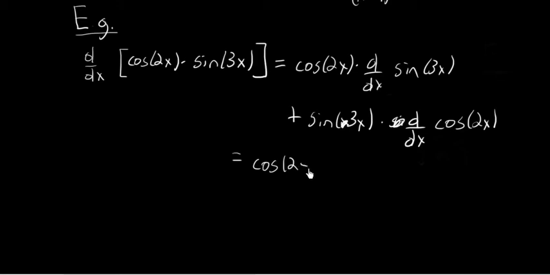So we'll go ahead and write cosine of 2x times the derivative of sine of 3x with respect to x. Well, that's going to be cosine of the quantity 3x, right? But then times the derivative with respect to x of 3x. Well, that's just 3, right?